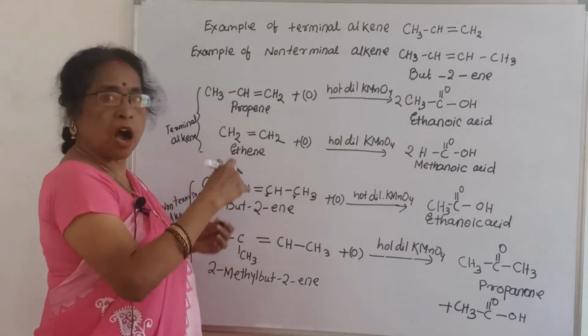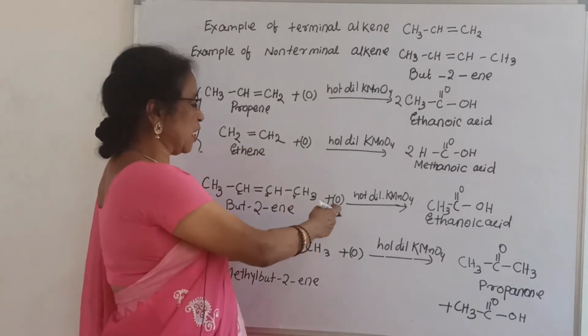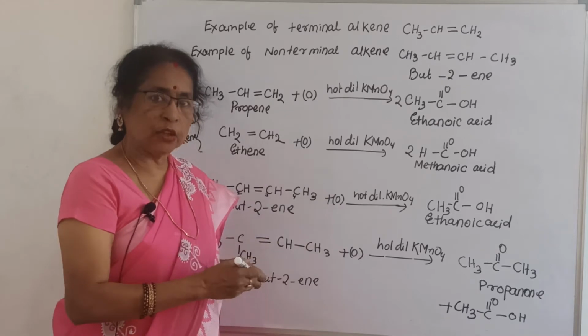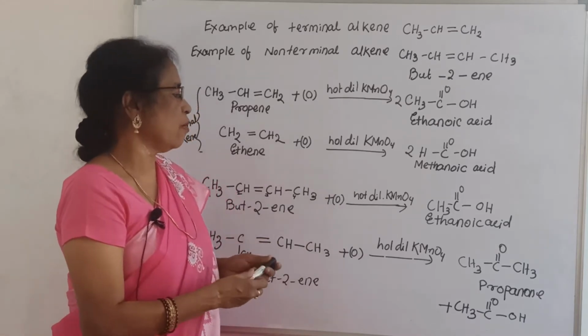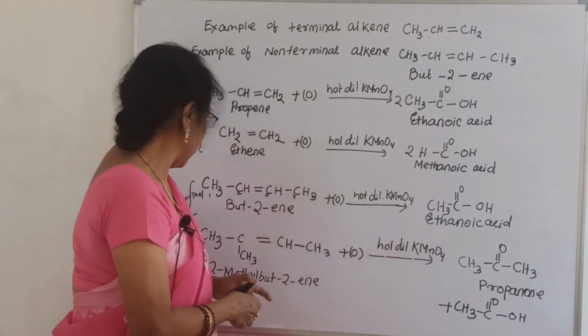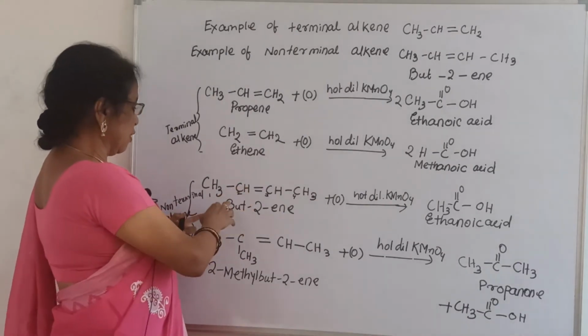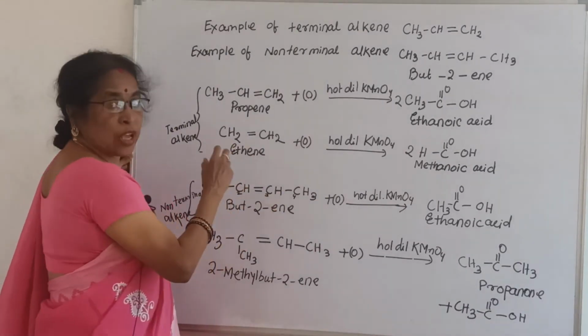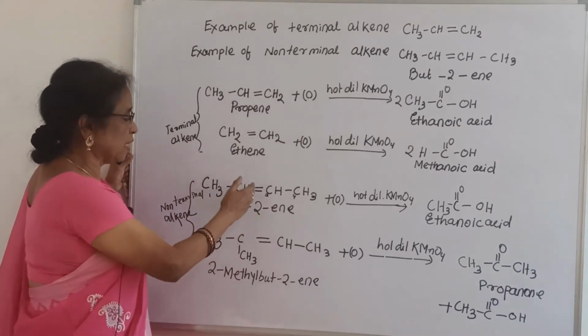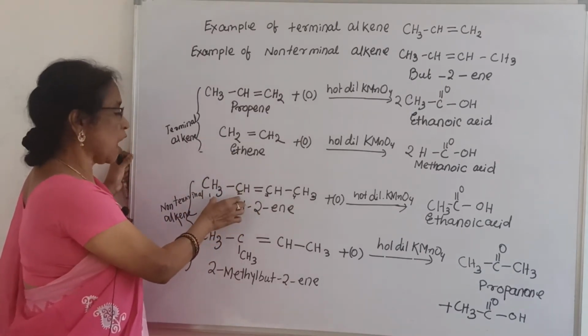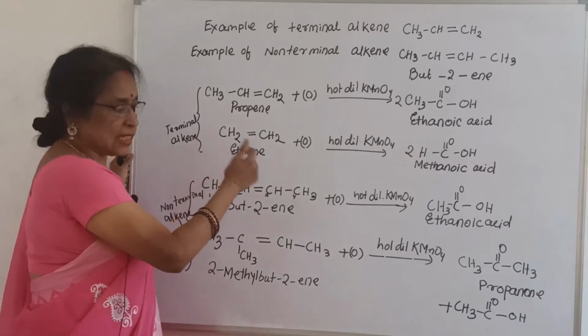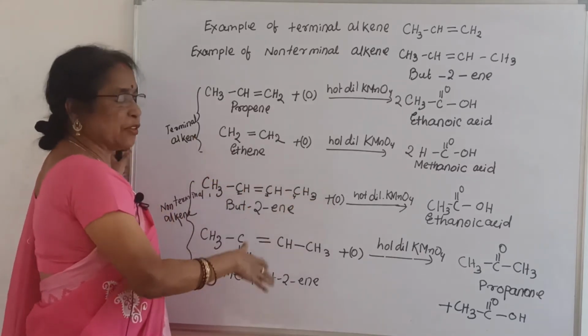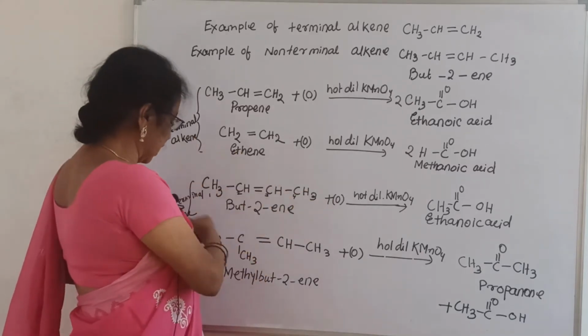Butene with oxidation by hot dilute KMnO4 forms ethanoic acid. Now here you can observe 1, 2, 3, 4, that means the bond breaks here. 2 carbons give 1 acid, that is ethanoic acid, and here it gives ethanoic acid 2 times.